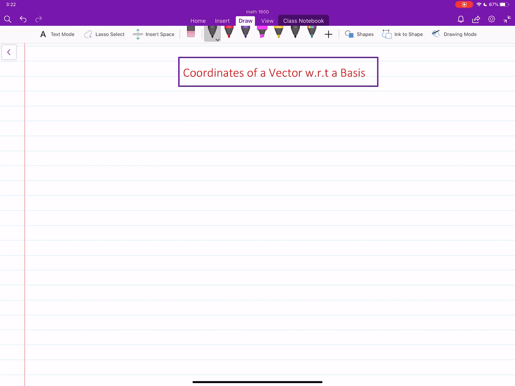Hi, in this video we will learn what the coordinates of a vector with respect to a basis are. Throughout this video I'm going to assume that vectors v1 up to vk, which will be denoted by curly B, is a basis for a subspace S of Rn.